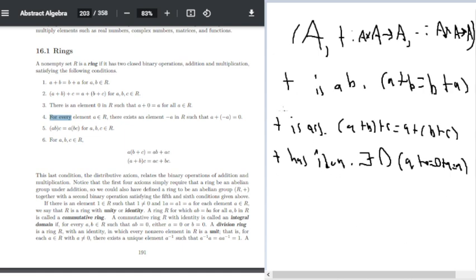So actually, instead of putting that, we already wrote all this.